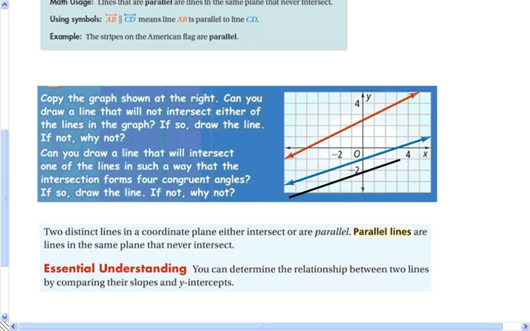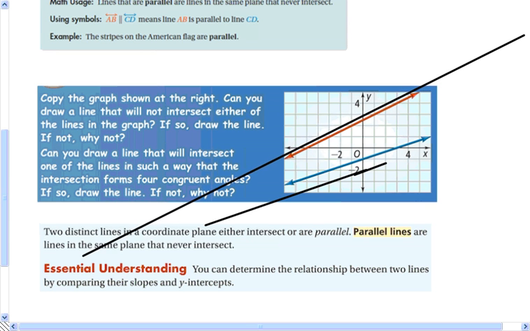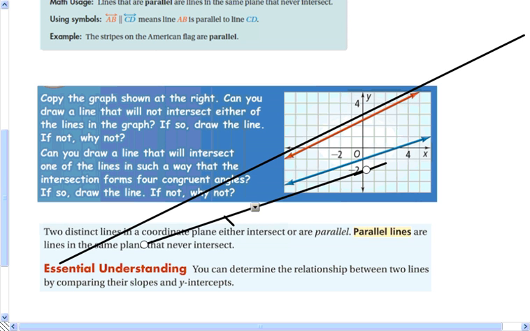If I drew a line like this, I would definitely not intersect that blue line, but if you think about it, this line continues and continues and continues, and so does this line right here. And eventually those two lines will cross somewhere. Notice how they keep getting closer. So no, you can't.